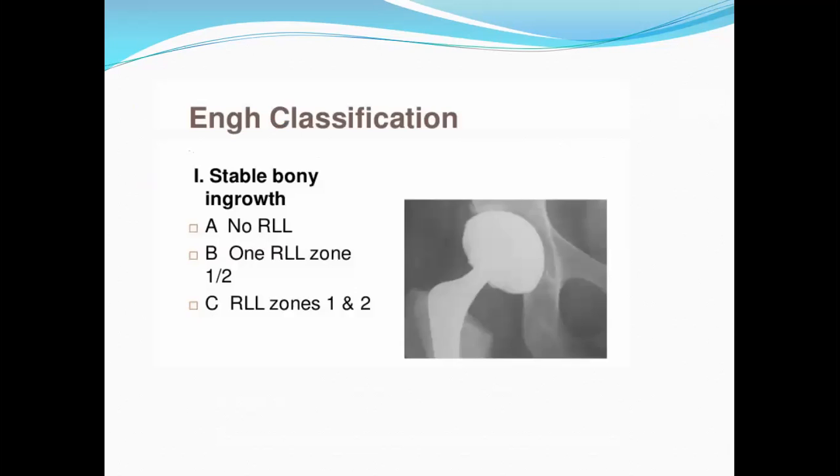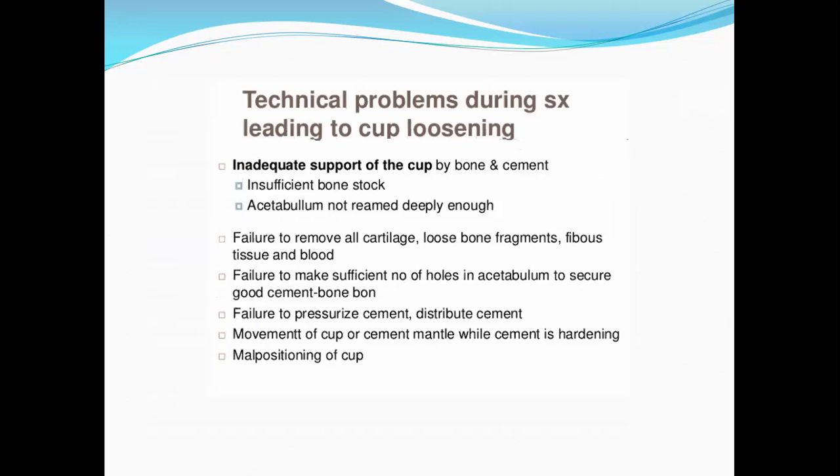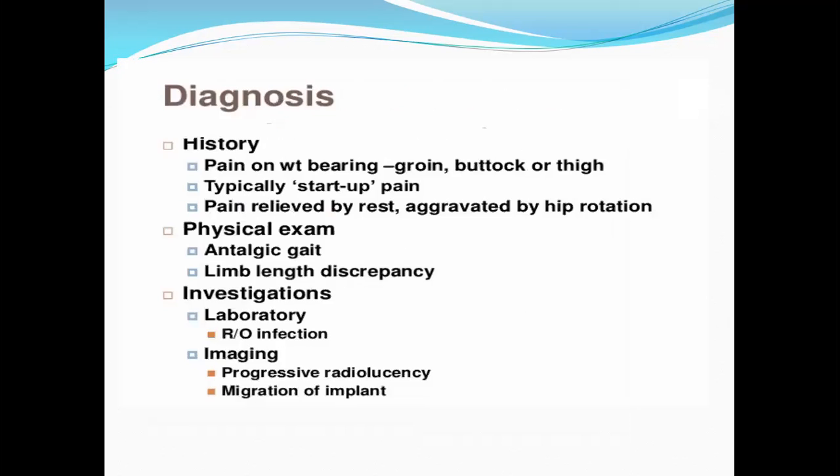In conclusion, the classification for the cementless acetabular cup: type 1 stable bony ingrowth, type 2 stable fibrous ingrowth like the femoral, type 3 unstable fibrous ingrowth. Technical problems are the same as the femoral: inadequate support of the cup, failure to remove the cancellous bone and cartilage.